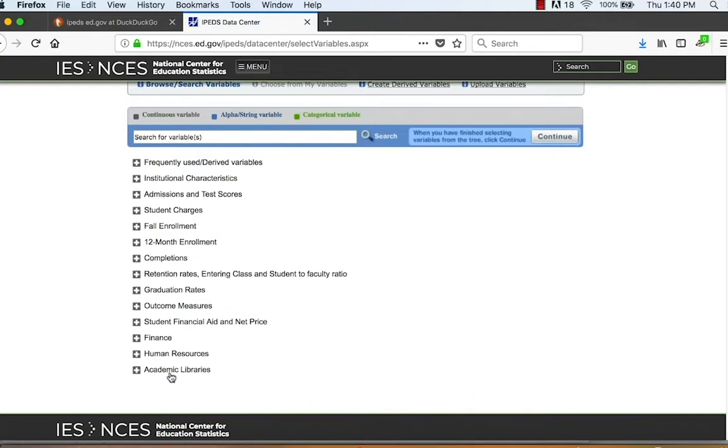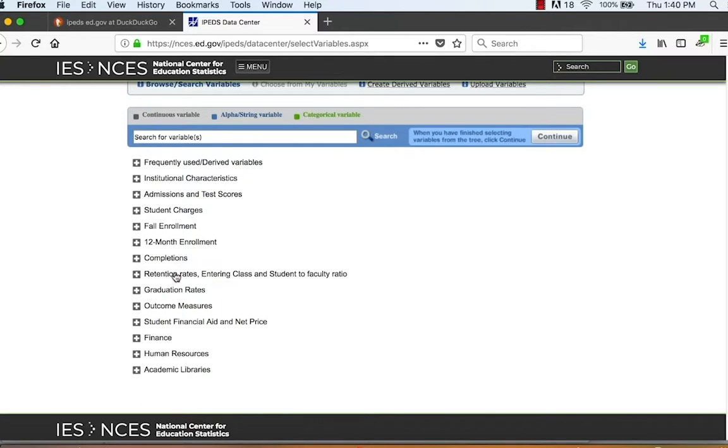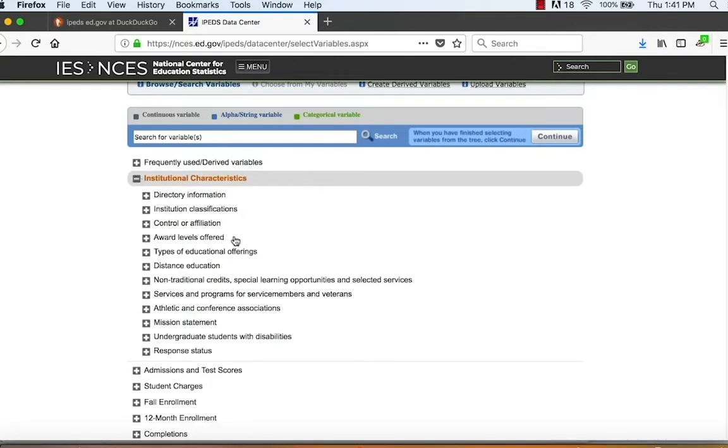You can look up lots of data about libraries, about the staff at the universities, about their finances, financial aid, outcome measures, graduation type and award type data, retention rates, different kinds of enrollment, the prices charged, admissions, and various institutional characteristics, like you can, again, get that information such as the Carnegie classification and so on.